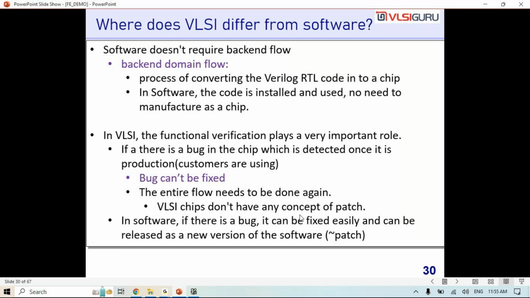You identify the bug, you know where the bug is, fix it, release it. So where does verification play a more important role? VLSI, right? Because if you don't identify it, 100% it will come in the chip, in the phone. Once it is gone, it will come to all the phones. That's why it plays an important role.